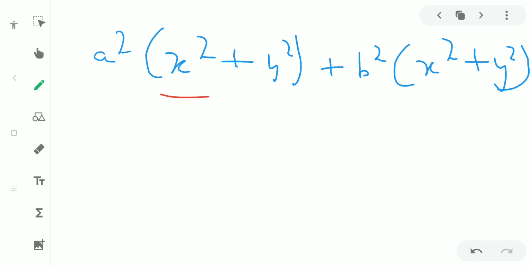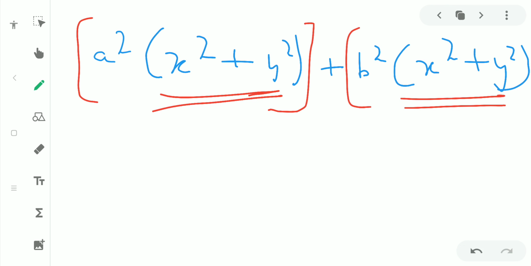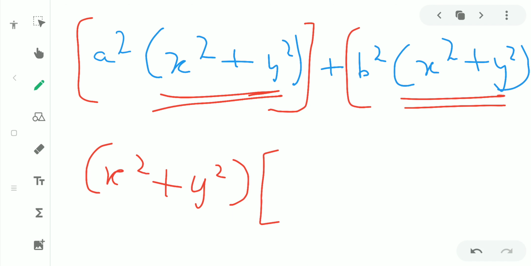So now I can take x square plus y square common from these two. So if I keep brackets for now, I will get x square plus y square common. So what else is remaining? We should write in this bracket.